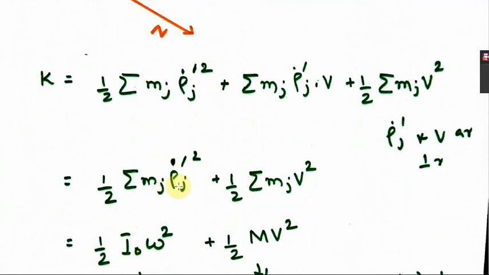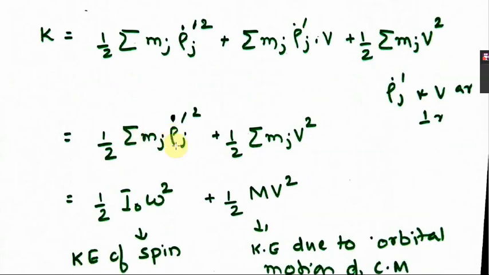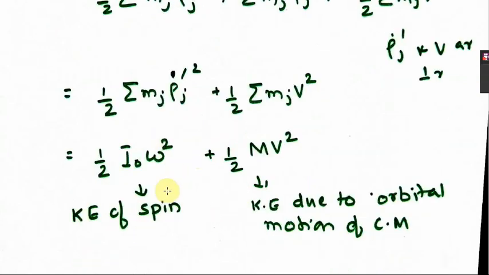That is half mj rho j prime square plus half mj v square. This is equal to half I0 omega square. This is the motion about the center of mass, so this corresponds to the kinetic energy of spin, and this corresponds to the orbital motion of the center of mass. This is about the center of mass and this is due to the center of mass.